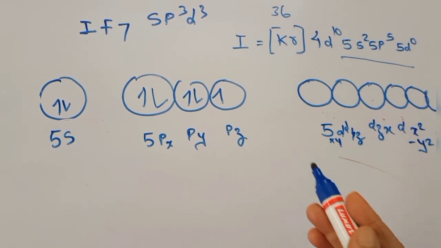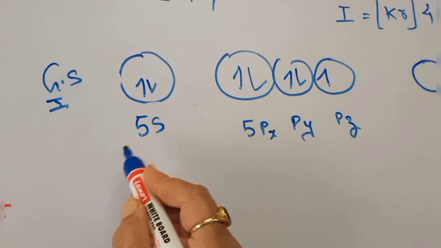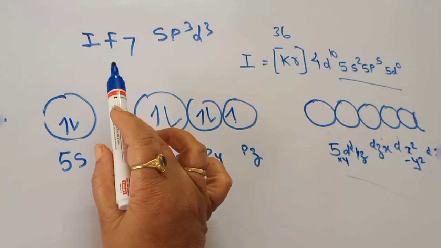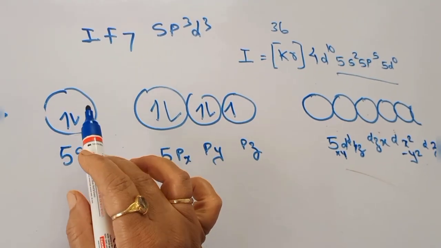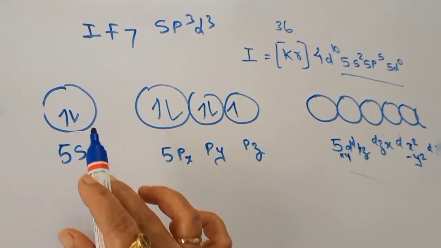Now for hybridization, what do we have to do? This is the ground state of iodine. For the excited state, how many fluorines are coming? 7. So we have to make 7 orbitals with 1 electron each.